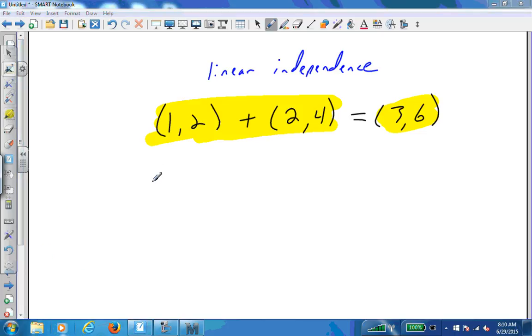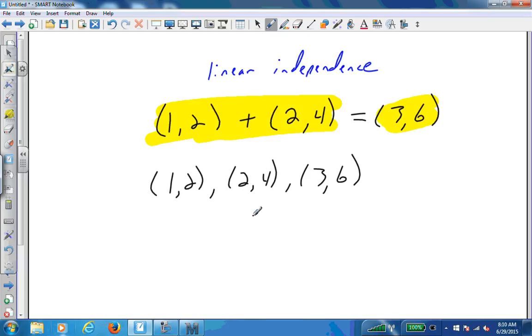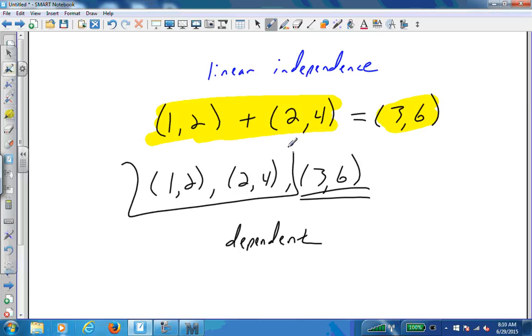So if we were to have the set 1, 2, 2, 4, 3, 6, this set of vectors would be considered linearly dependent because one vector is a linear combination of the other two vectors.